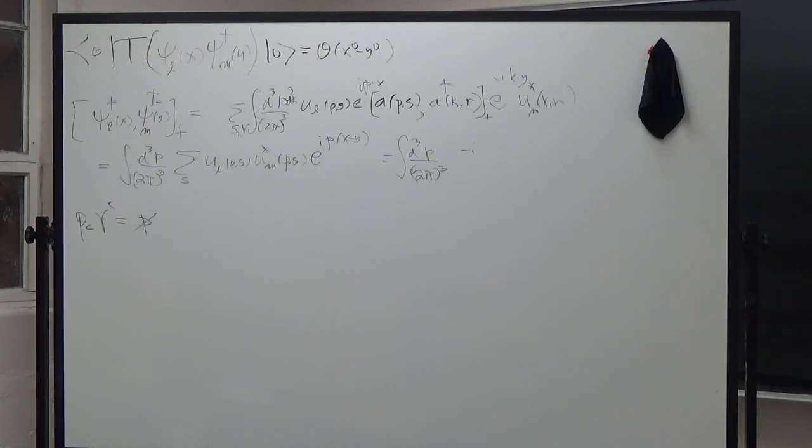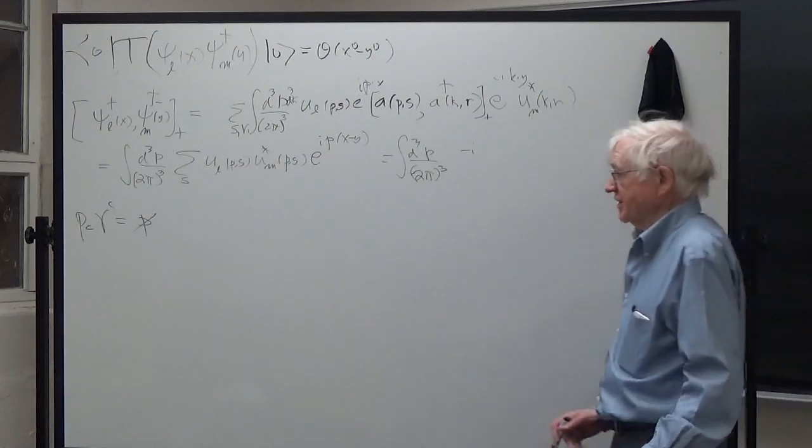Psi dagger plus is not the same as psi plus dagger. Okay, that's a great question. That's one of the subtleties here. So you've kind of pointed it out for everybody.